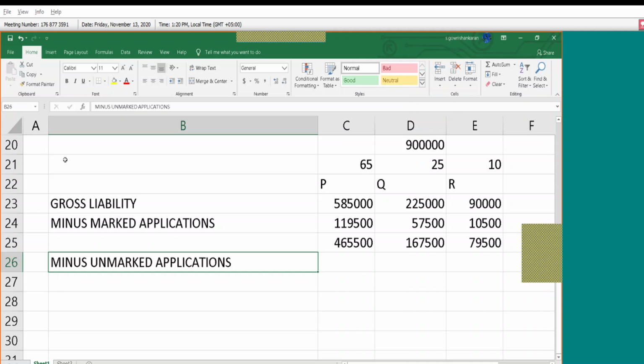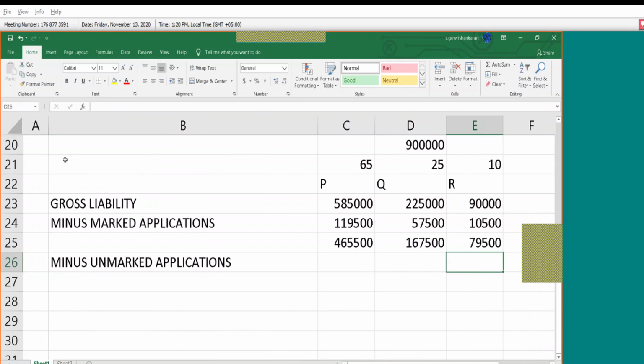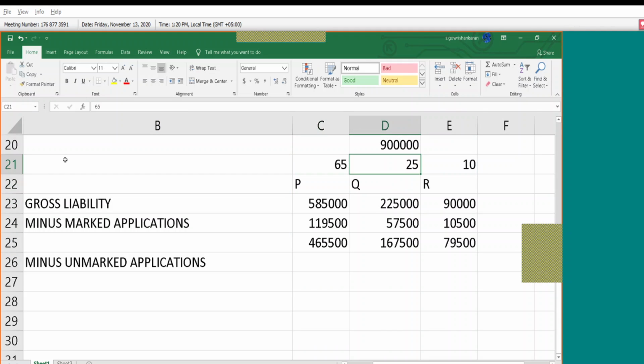So 7 lakh can be shared between P, Q, R in the ratio of 65, 25, 10. So 7 lakh into 0.65, then 7 lakh into 0.25, then 7 lakh into 0.10, 70,000.